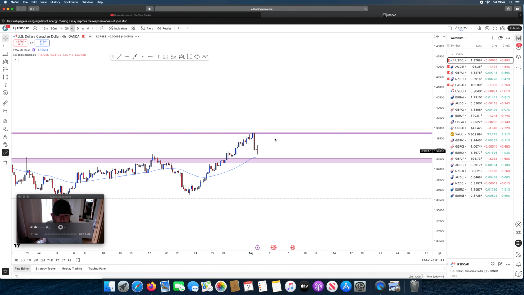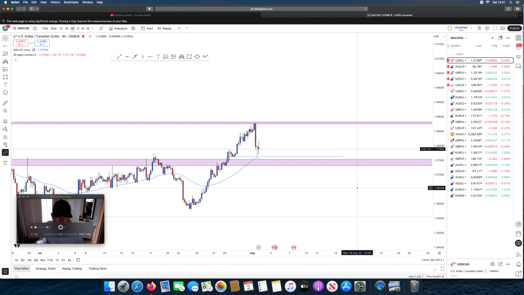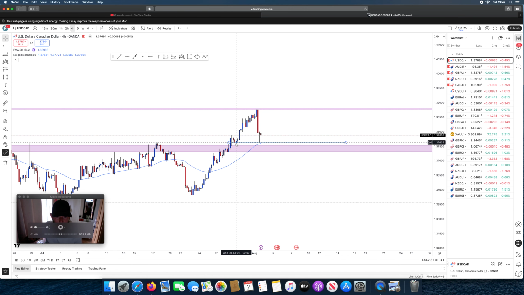4 hour, again, is currently bullish. I do believe this might go bearish to obviously come into my area of interest.